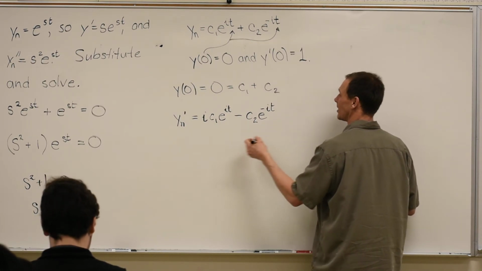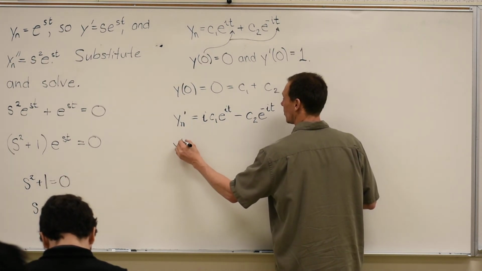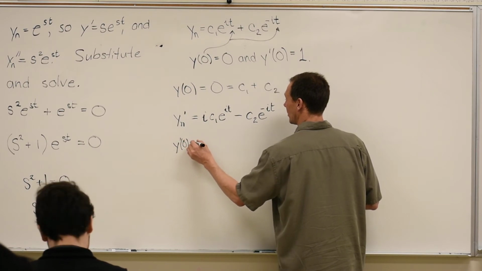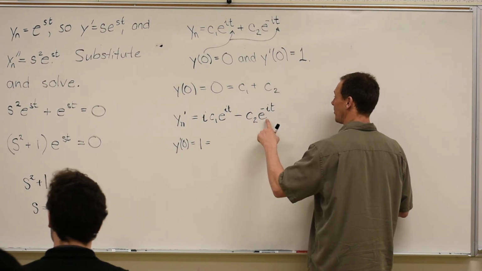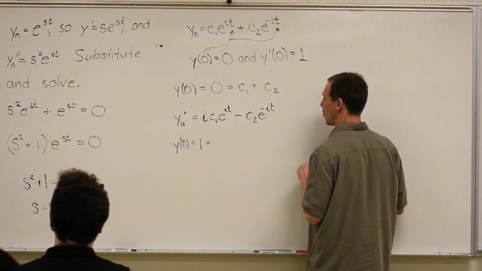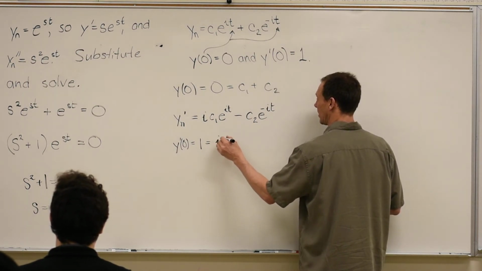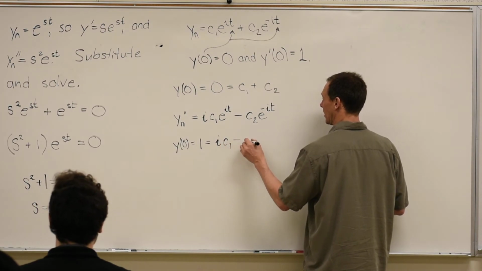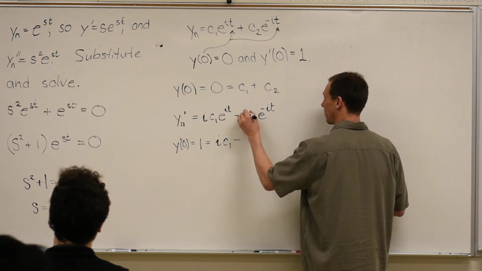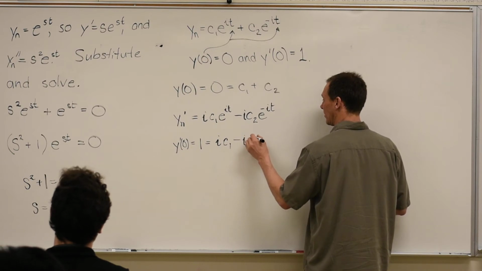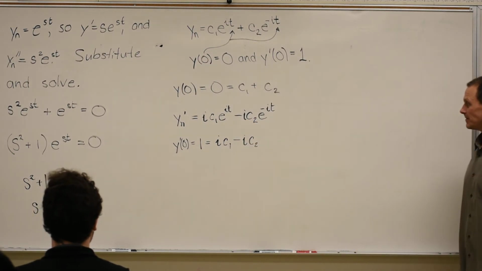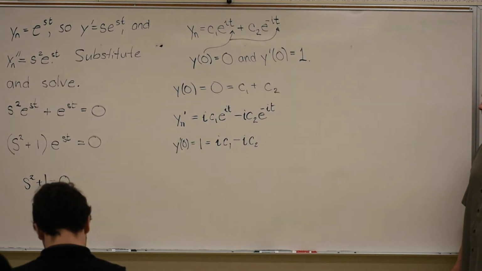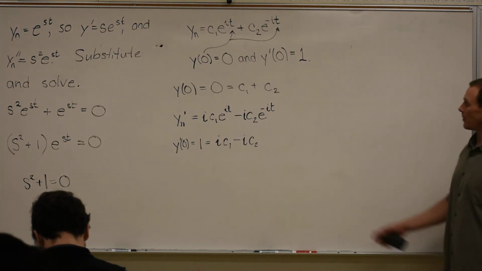Now we use our initial condition that y prime of 0 is 1. The exponentials become 1, so I'm left with i C1 minus i C2.